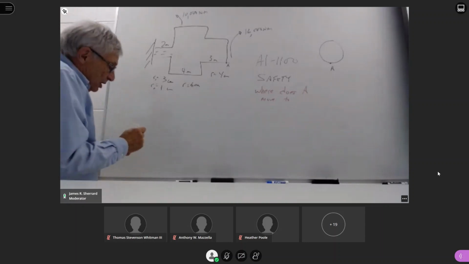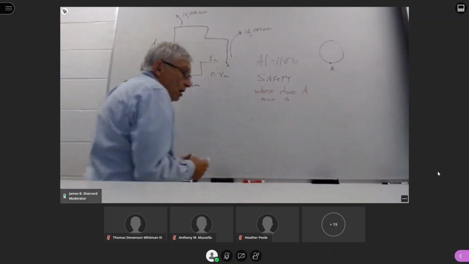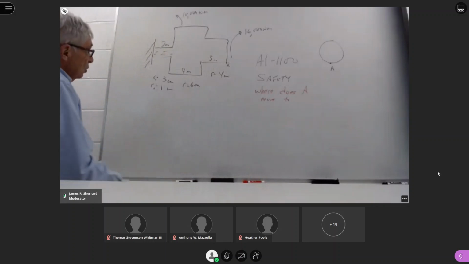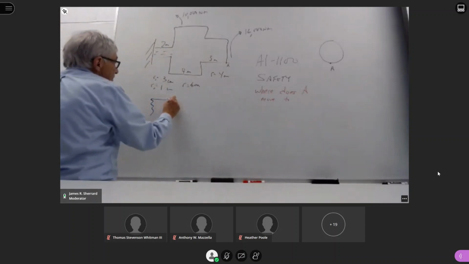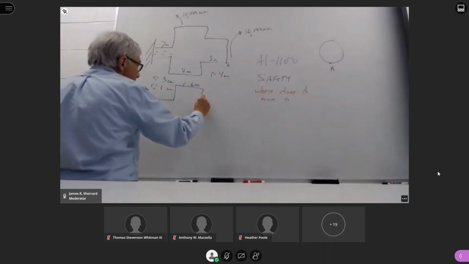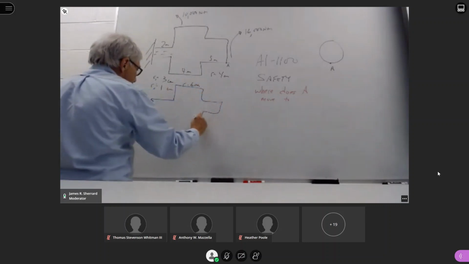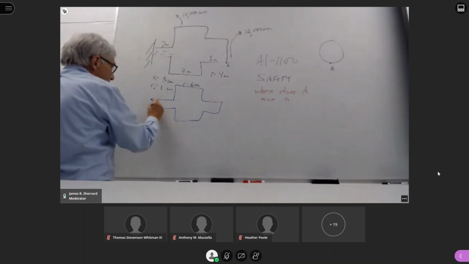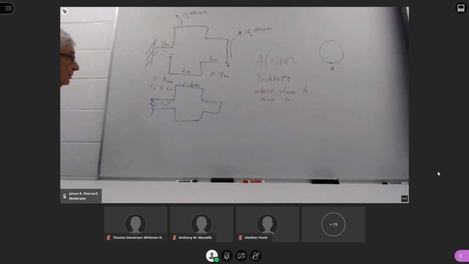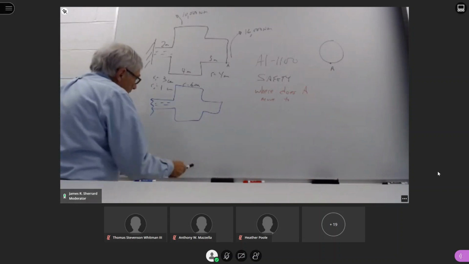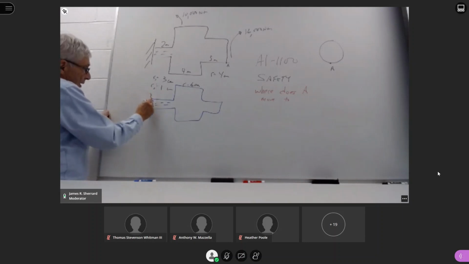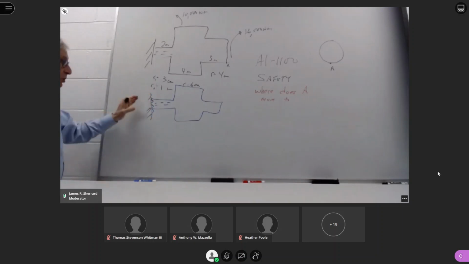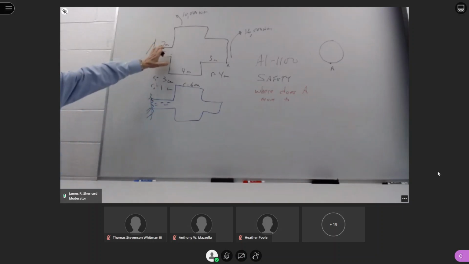The very first thing we need to do is to draw a complete free body diagram. So we sketch the member. One thing to remember when you're drawing your free body diagrams, do not include the wall, because if you include the wall, you're right back where you started from.